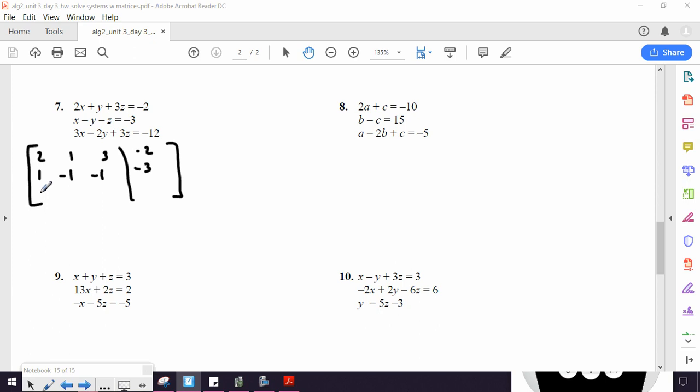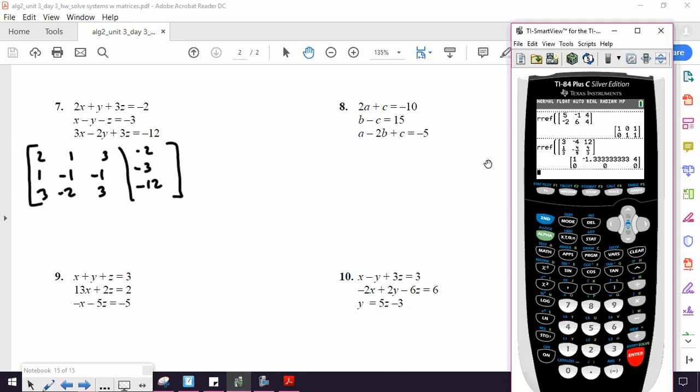And the third would be 3, negative 2, 3, negative 12. Okay, so now we can grab our calculator. And since this matrix does not have the same amount of rows and columns as the previous one, I have to go through all the keystrokes again, which is totally okay.